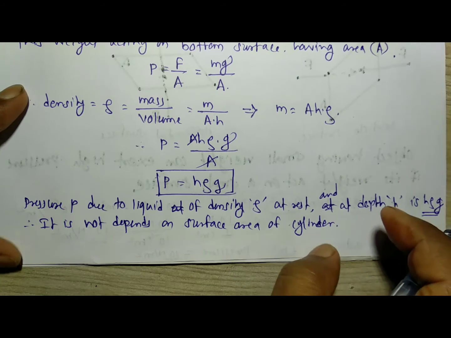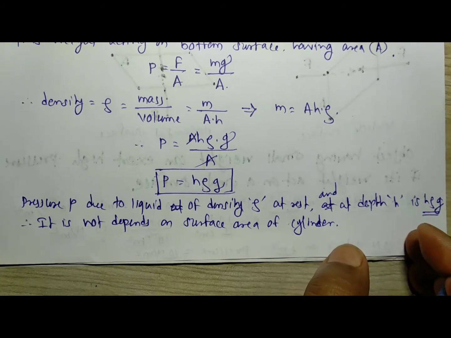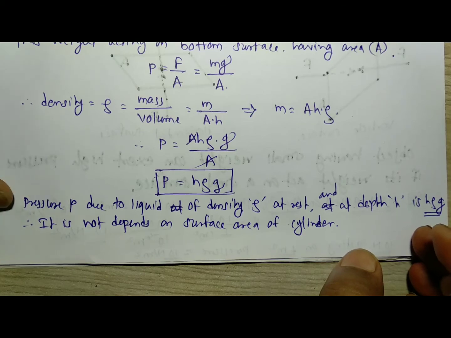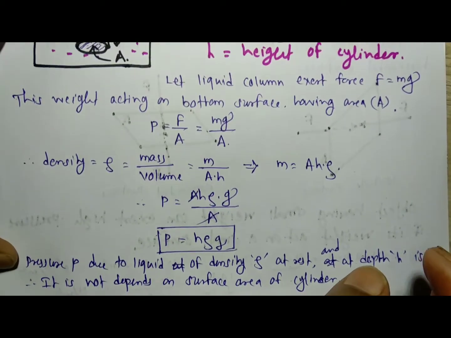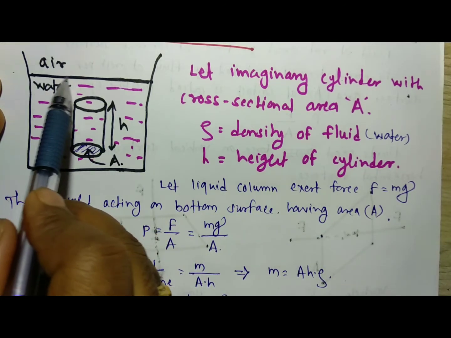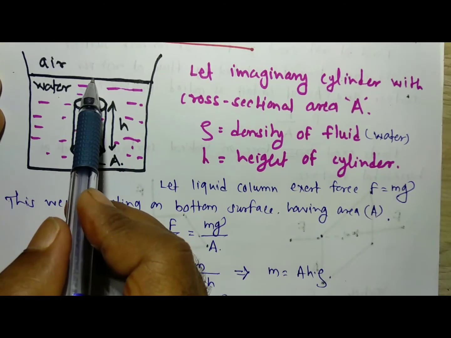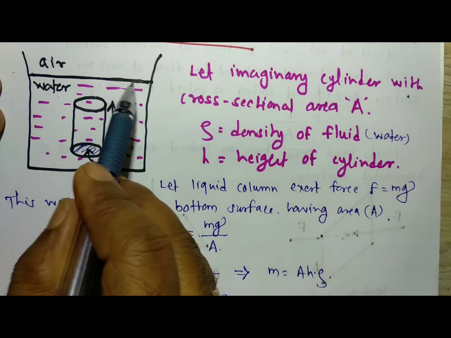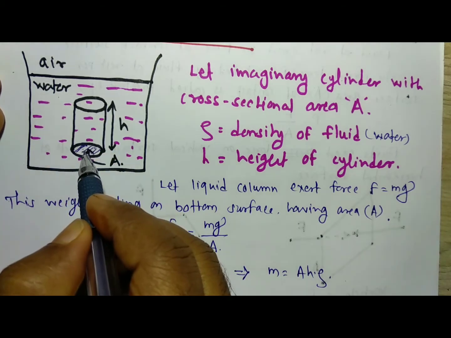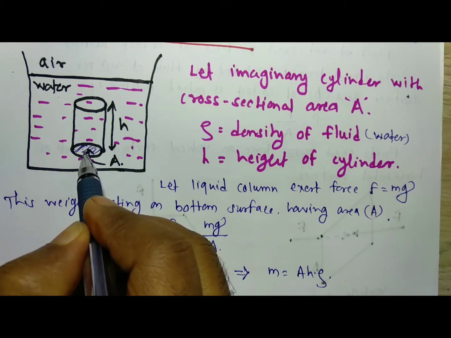Therefore you can say that the pressure exerted depends on the height below the surface, the depth of the point below the surface of the liquid. This is the surface of the liquid, and below this surface, the point is at some distance below it, and the greater that distance, the larger the pressure.